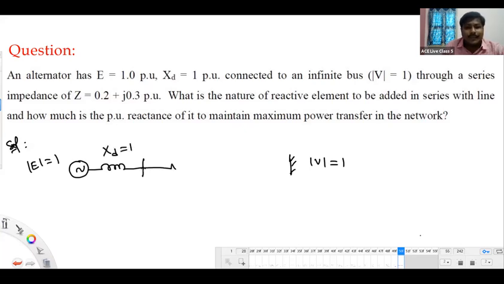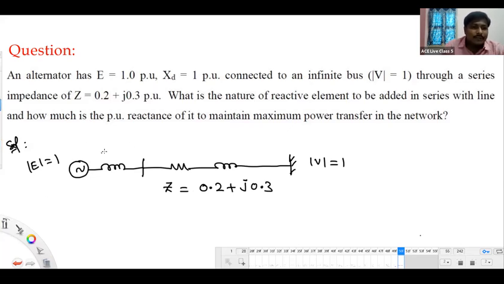This is the impedance we said in the connection, Z equals to 0.2 plus J 0.3. Better, I'll write this as J1. Okay, this is J1, and you call it is ZL network.